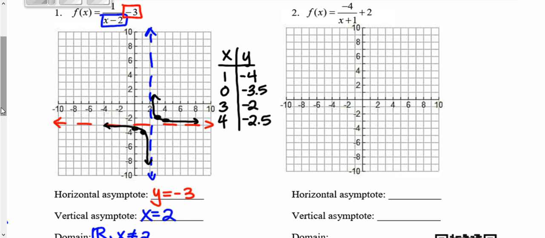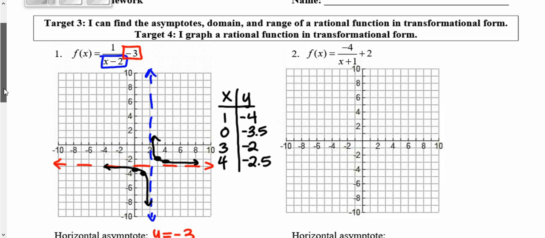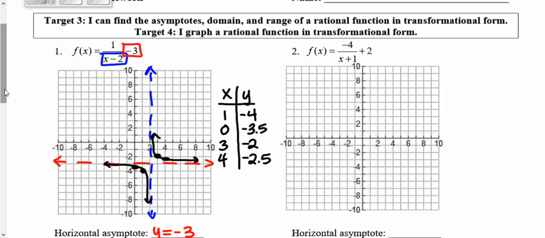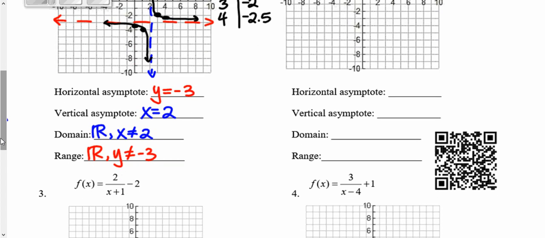Remember, your graphs never cross or touch the asymptote, so be careful of that. All right, so looking at number 2, I'm going to start with the vertical asymptote. You can start with either, but I would suggest starting with the asymptotes. So switching the sign there, it'll be at x equals negative 1, which means your domain is all real numbers, except x can't equal negative 1.